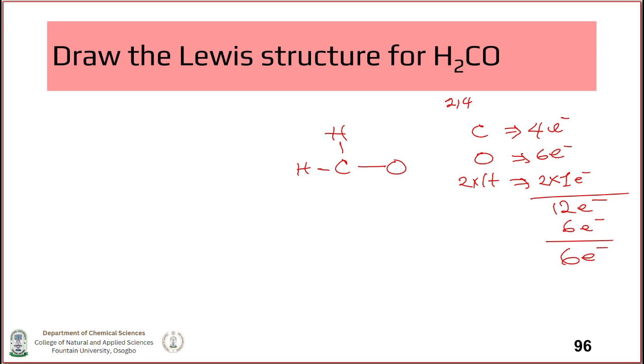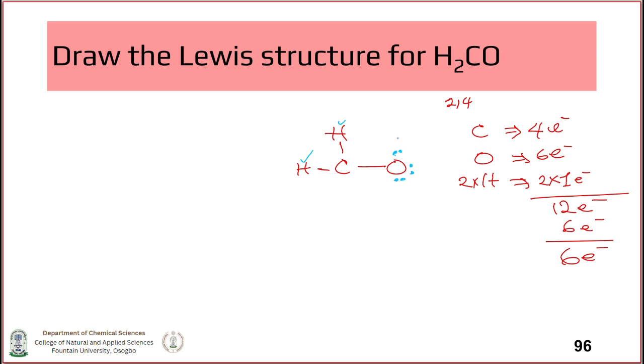Hydrogen does not need any lone pair electrons because it needs only a duet. It needs only 2 electrons to satisfy its duet electronic configuration, and they are here already. So it means we need to put the 6 electrons on the oxygen. So 1, 2, 3, 4, 5, 6.